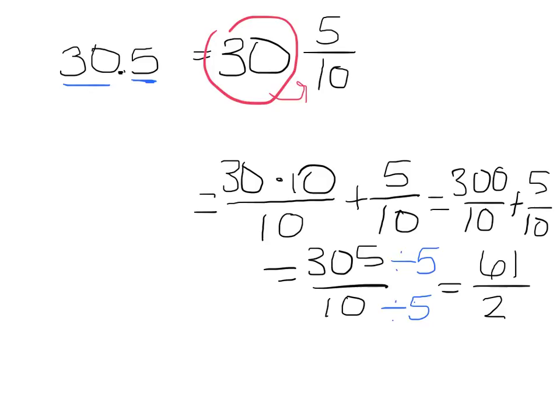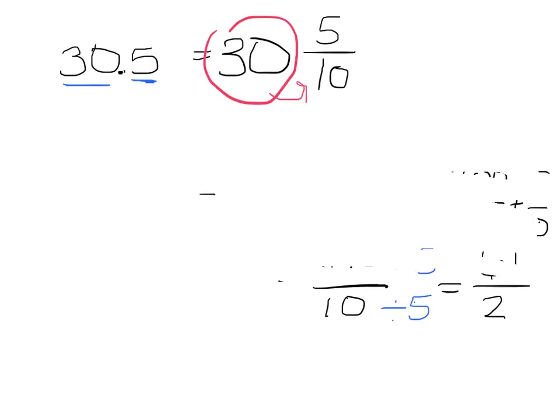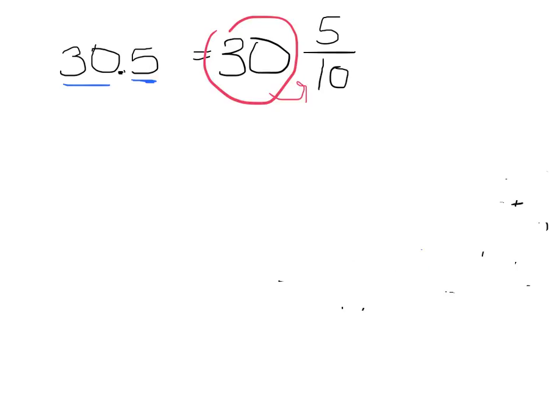Now, I could have gone about that a different way. So, let's try it in a different way. What if I took a look at that 5/10 that I have up there? And I know 5/10, that's 1/2. So I could rewrite it up here as 30 and 1/2. I still am going to have to make it into an improper fraction, but I have smaller numbers to work with.